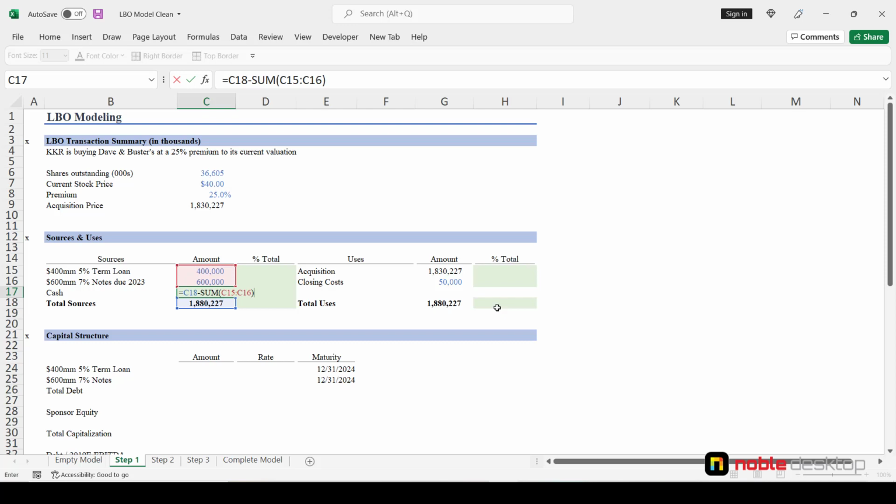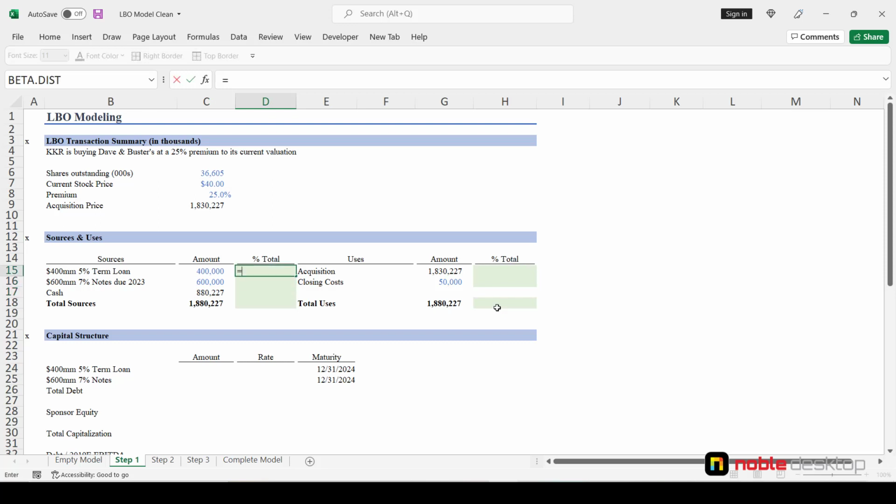I'm going to take the term loan and notes, so two types of debt, plus the cash that I will put into the deal to sponsor it. And the amount of cash I will put into the deal will be 880,227. Great job, guys.